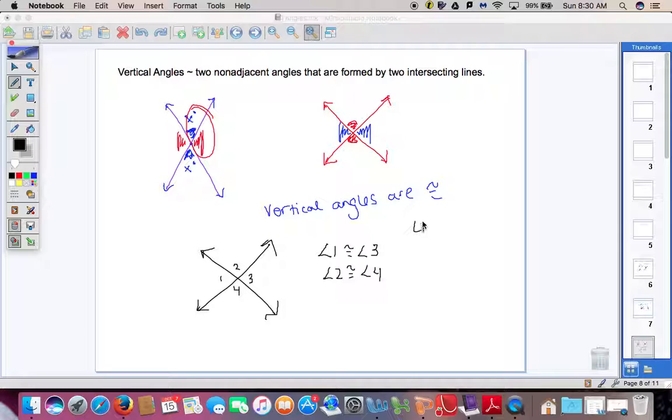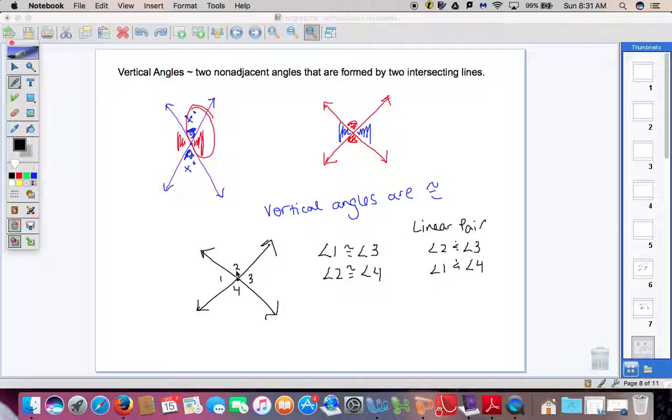Now the linear pairs would be angles 2 and angle 3, and then we have angle 1 and angle 4. Okay, and the linear pairs would also be the adjacent angles. So the adjacent angles are going to be the ones that have the common vertex, which all of them have, but that also share a common side.